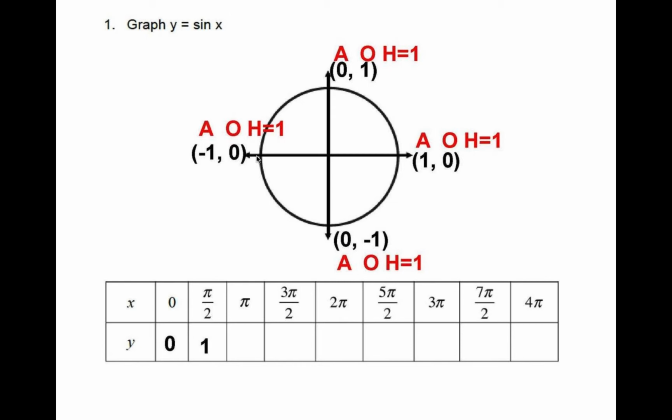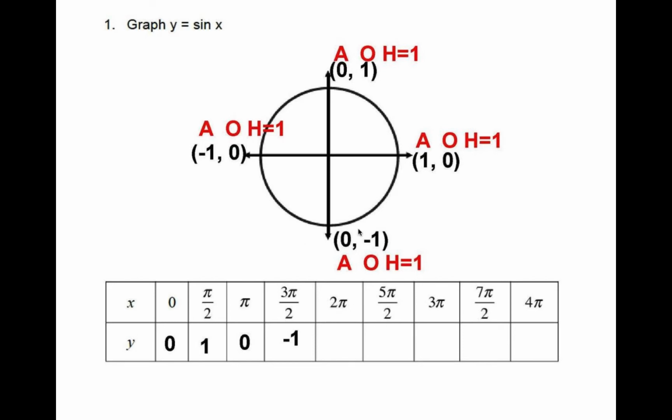Pi is over here at 180. 0 over 1 is 0. 3 pi over 2 is 1.5 pi, so down here, it's negative 1 over 1, which is negative 1.